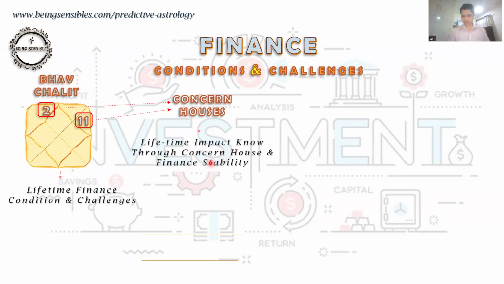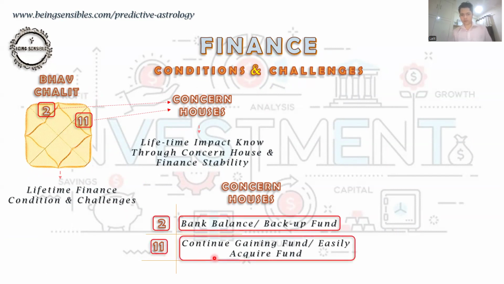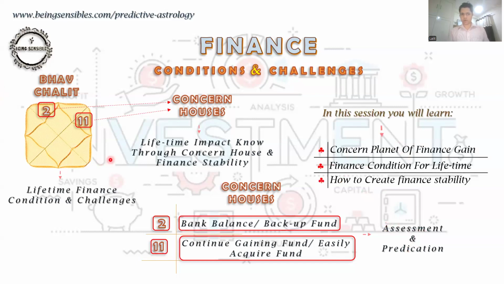The second house governs the bank balance and backup fund, and the 11th house governs the continuity of gaining funds. In the session, you get an idea of how to assess and how you can predict. These are the topics you can answer from Bhavchalit.